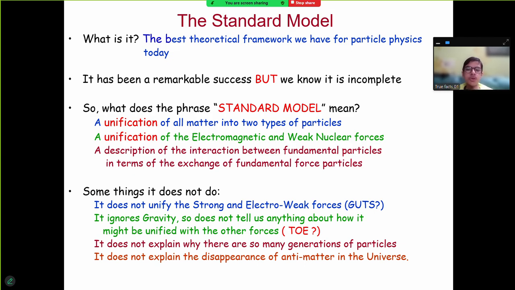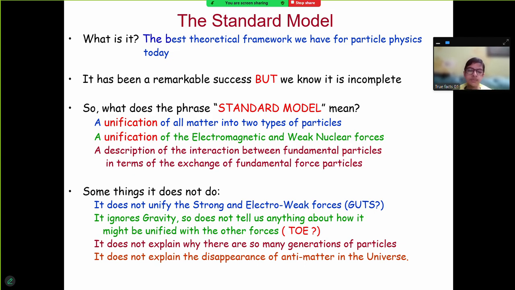Some things it does not do. It does not explain the strong and electroweak forces. It ignores gravity, so the standard model is not actually the grand unified field theory (GUT). It does not unify all the forces. Gravity is left out. It does not unify the strong and electroweak forces. For solving the grand unified field theory, we need all four forces of the universe combined, or unified, but the standard model does not provide us with that.